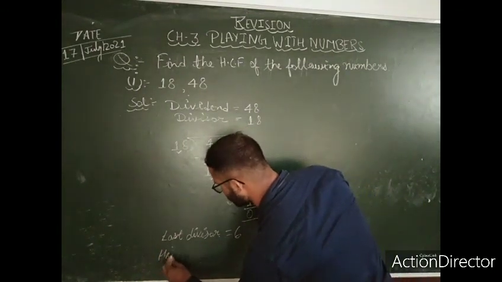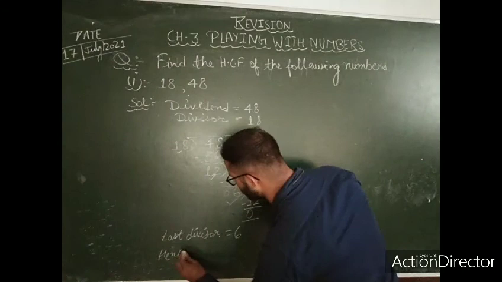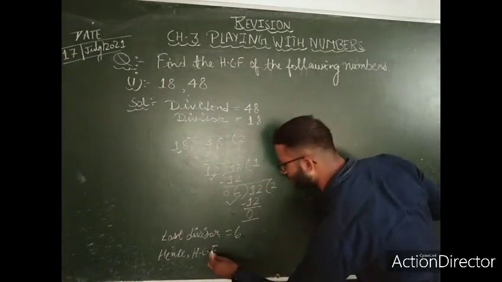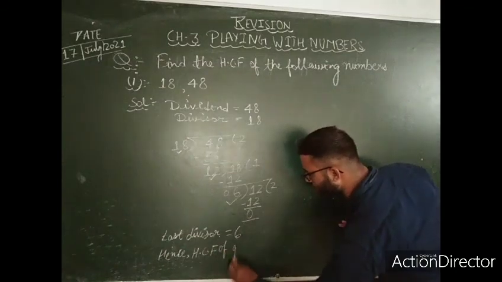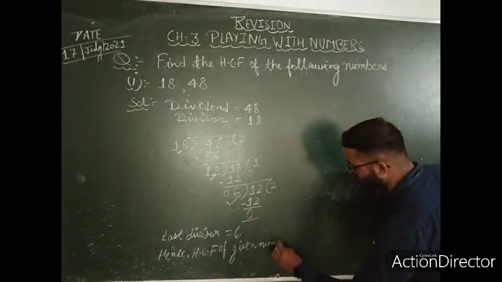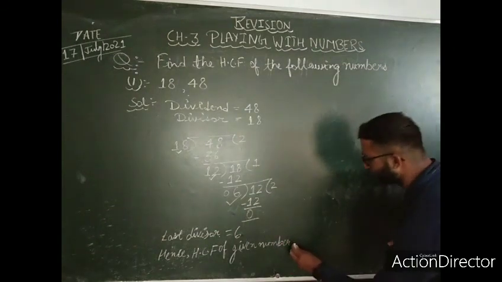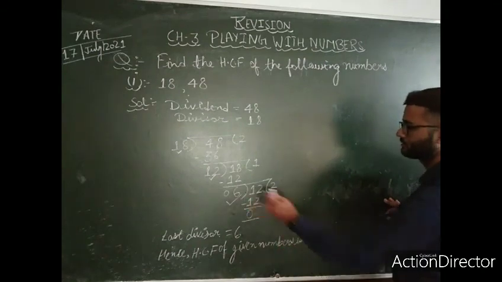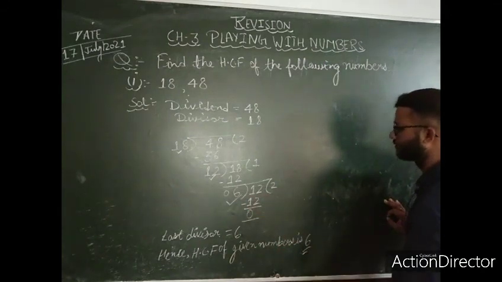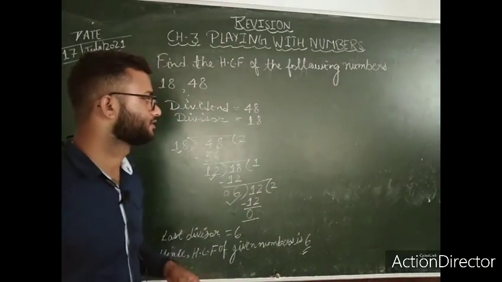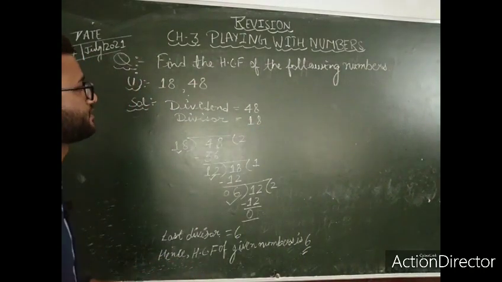So hence the HCF of the given numbers is 6, right? So by using this method, the continuous division method, we can find the HCF of any given numbers.